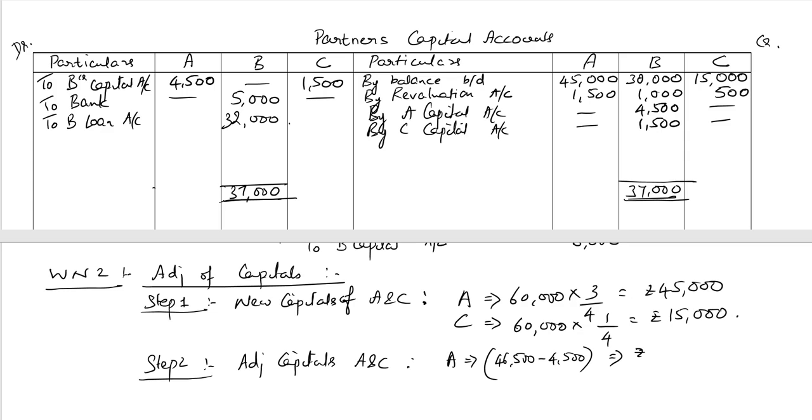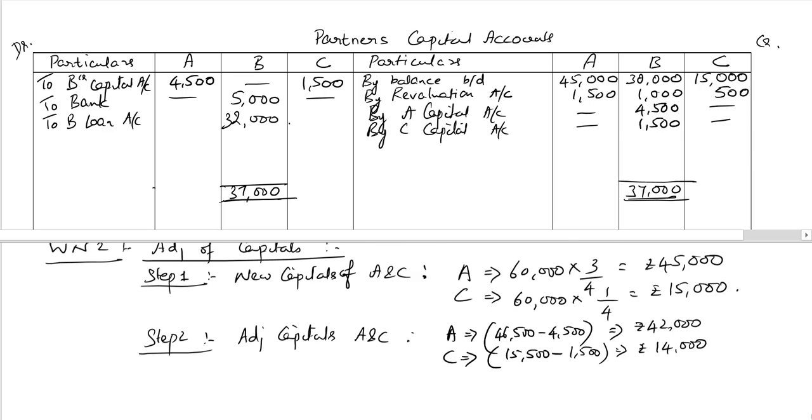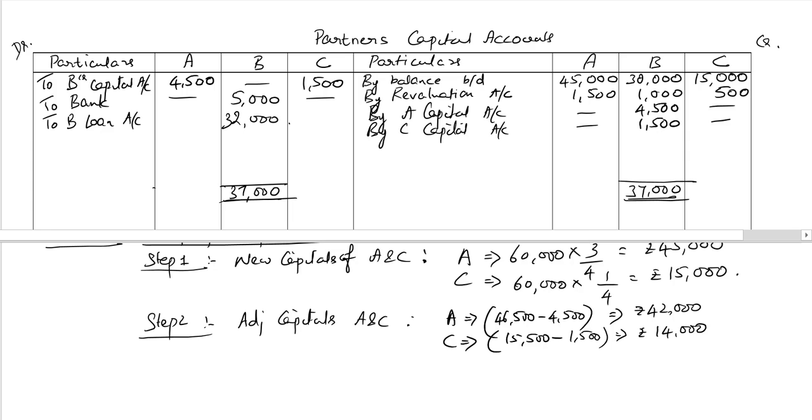So it's rupees 42,000 adjusted capital of A, and in the case of C, it's 15,500 rupees minus 1,500 rupees, which is equal to rupees 14,000. So we have the adjusted capitals of A and C.